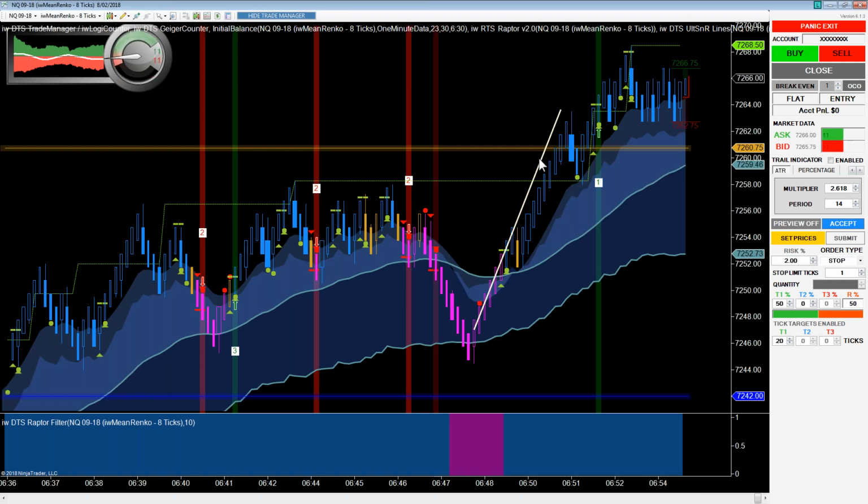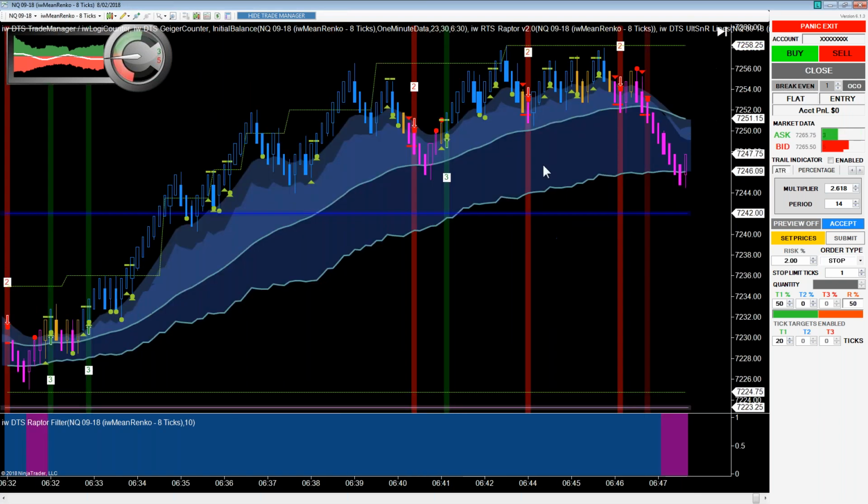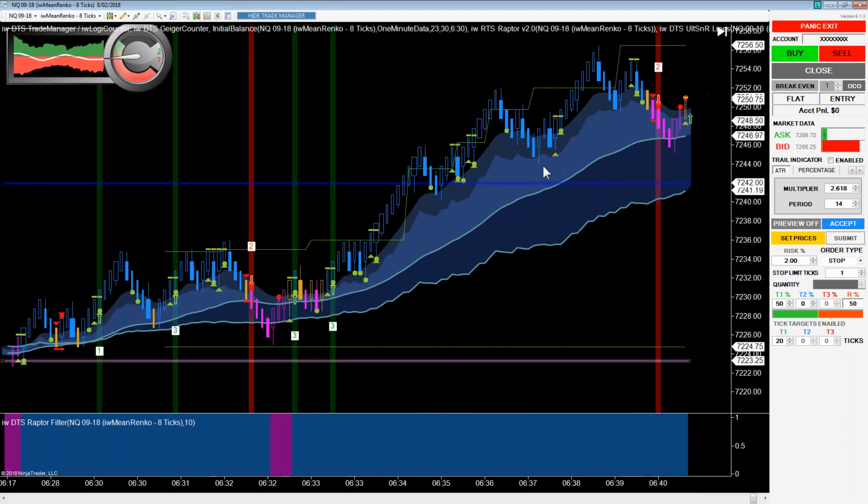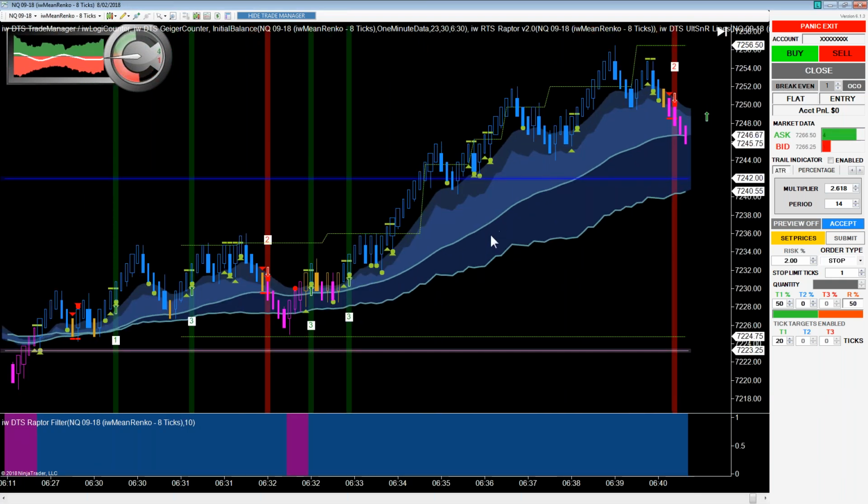Your number 2 signal is your counter trend signal. Before you can have a counter trend signal, you have to have something resembling a trend to go counter to. So that's component number 1. Component number 2 is you need to see a test of the extreme.